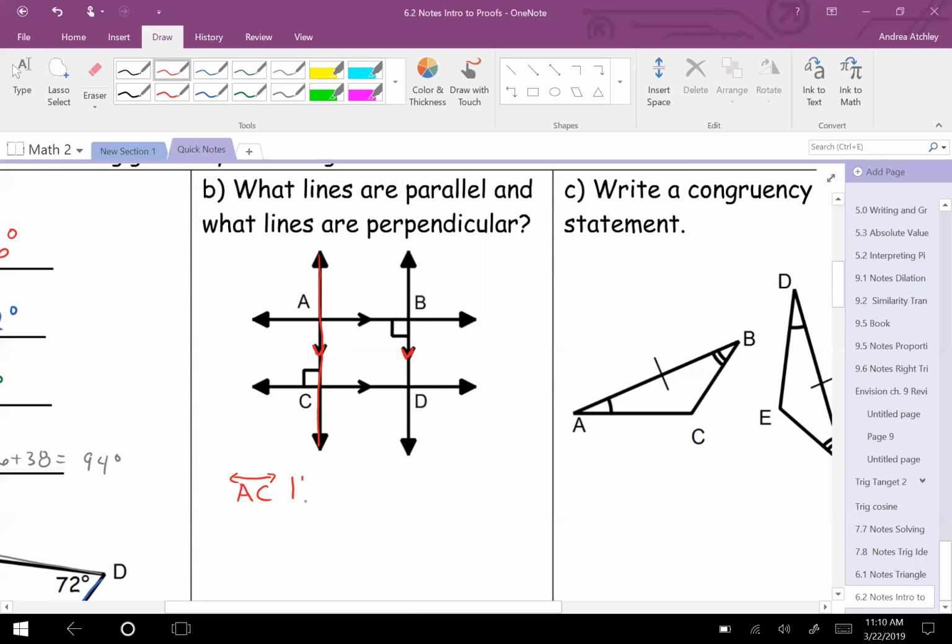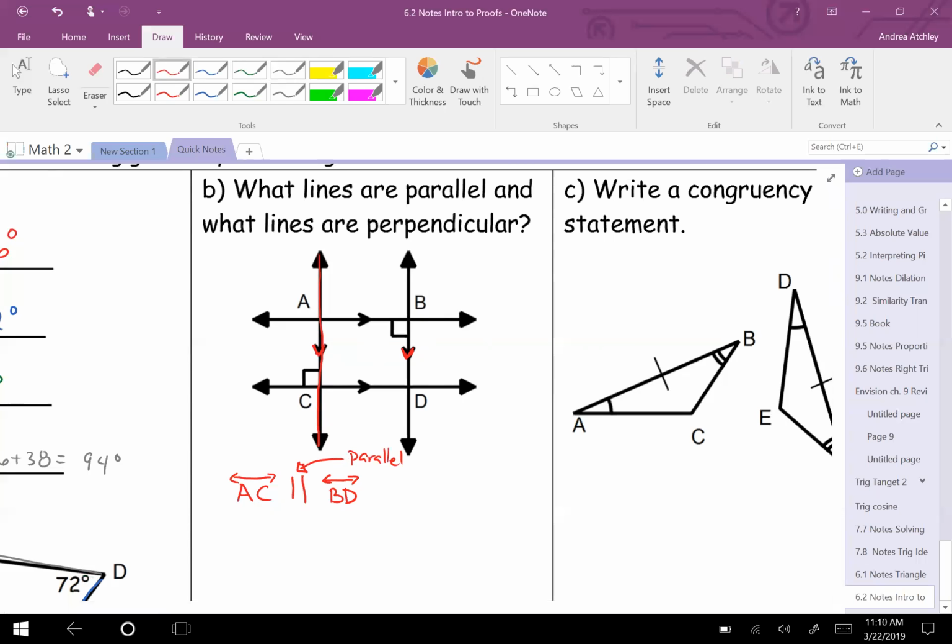So we say it's parallel to line BD. These little marks are my parallel marks. This is how you write parallel using geometry notation.